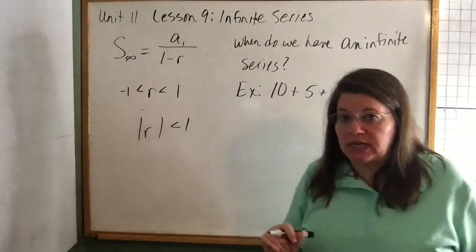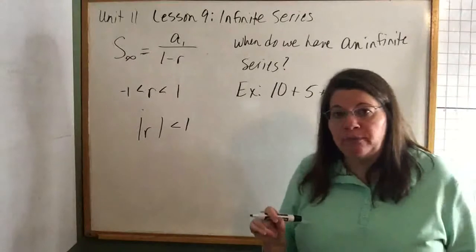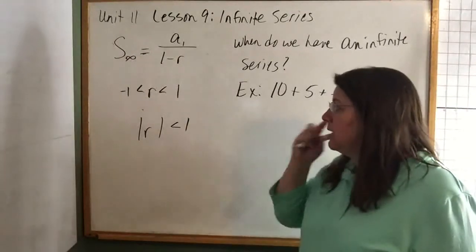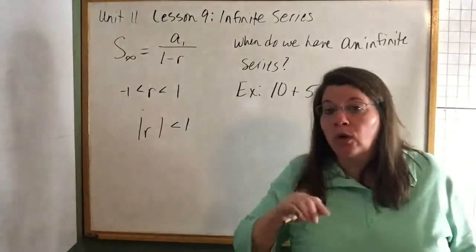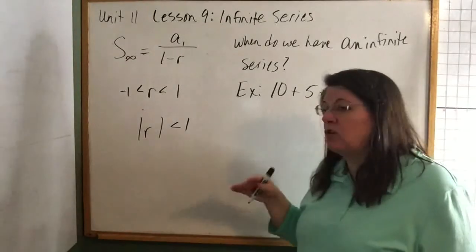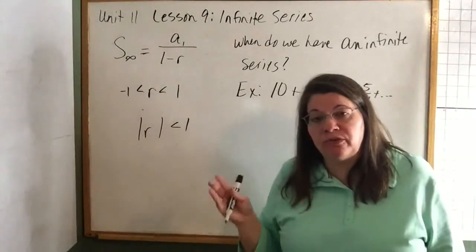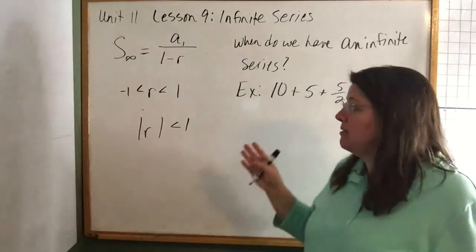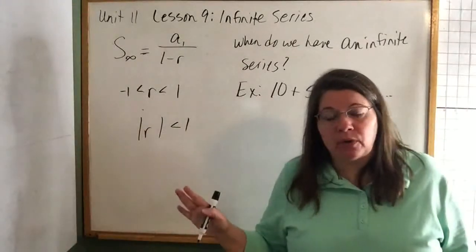So that's the first thing you need to know. If your r value is something greater than 1 or less than -1, then that infinite series goes on forever. It will never come to a stop, and so you're not going to have a sum, okay?